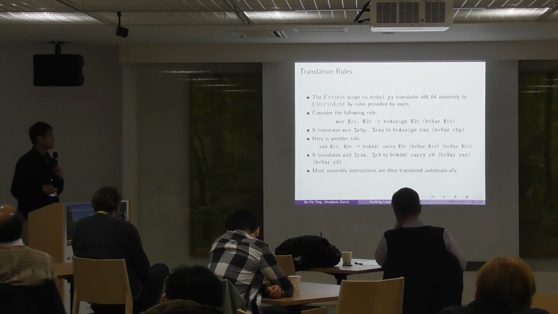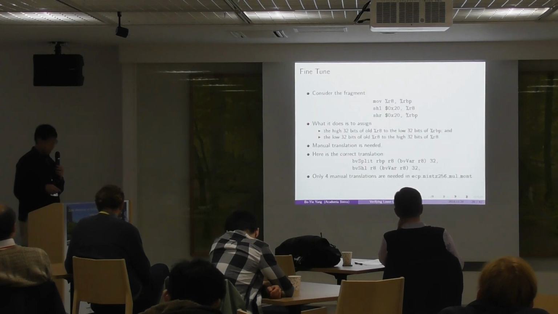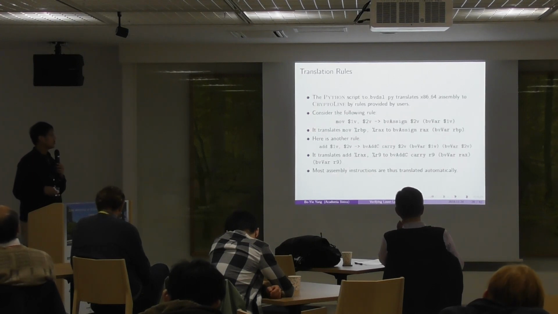So it translates this move instruction from RBP to RAX into bb assign RAX, bb bar RBP. There's another rule which translates an add instruction: ADDC carry, the second variable bb bar, the first variable bb bar, the second variable. So it adds the first variable to the second variable. Using these rules, we can translate most assembly instructions automatically.